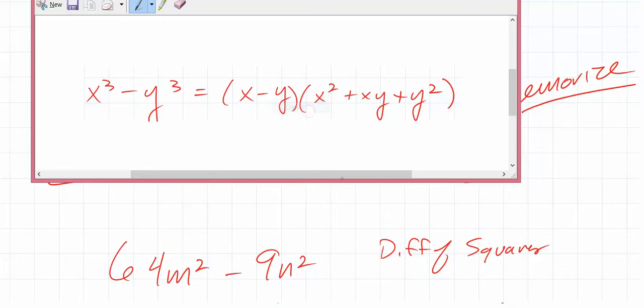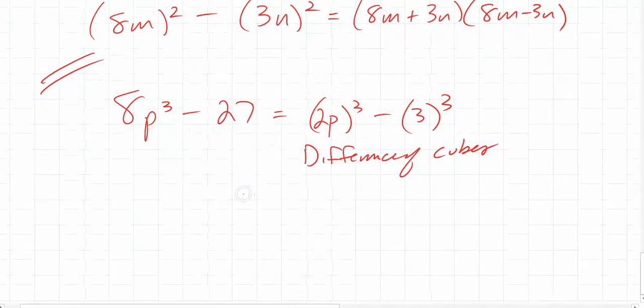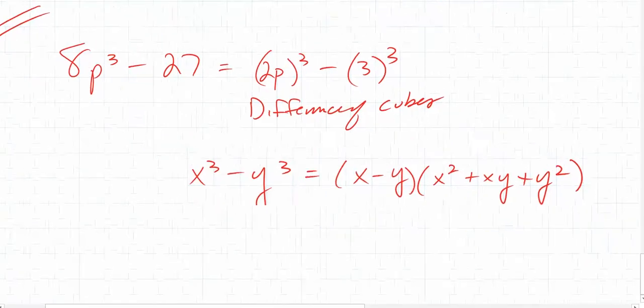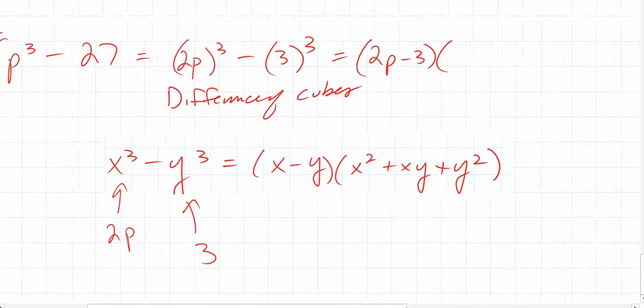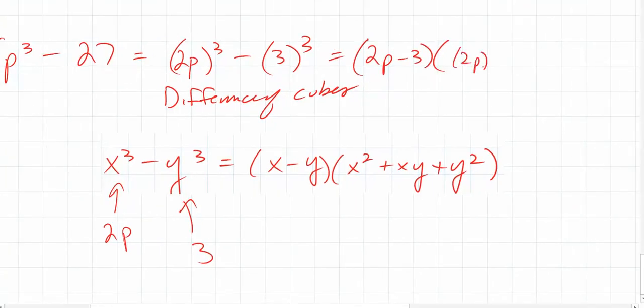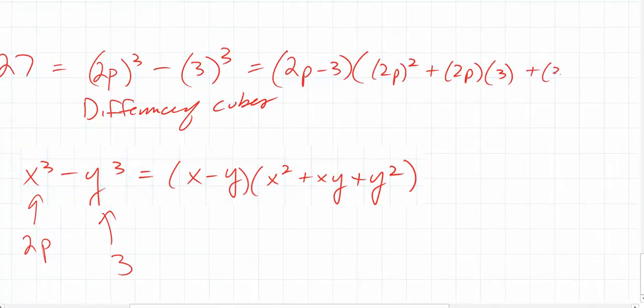So let's try using that formula and see what happens. In this case, what does x correlate to? x in this case is 2p. And what's y? 3. So what is this going to factor into? 2p minus 3 times 2p squared plus 2p times 3 plus 3 squared.